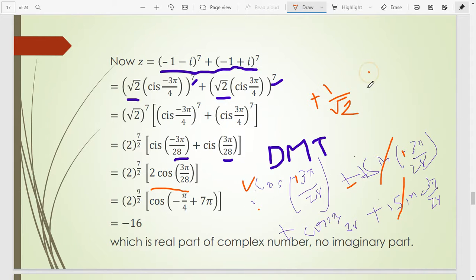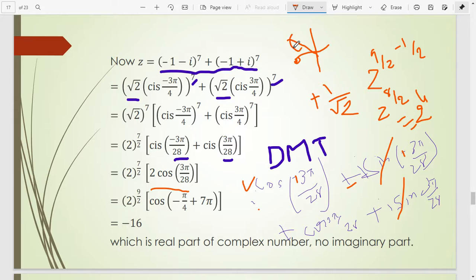So 2 raised to 9 by 2 minus 1 by 2 is equal to 2 raised to 8 by 2. So this is equal to 2 raised to 4 and minus sign. 7 pi comes here and minus pi by 4.